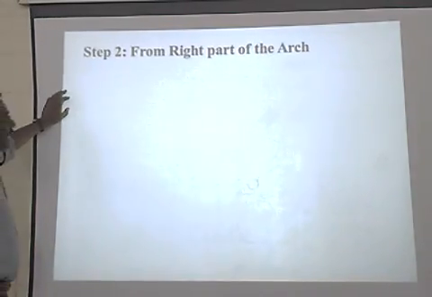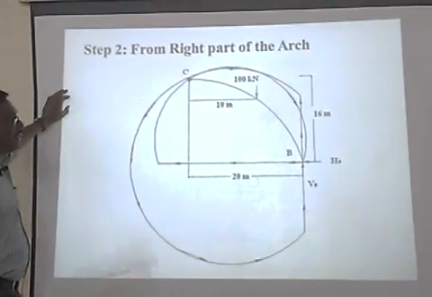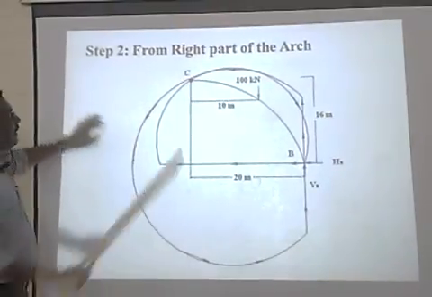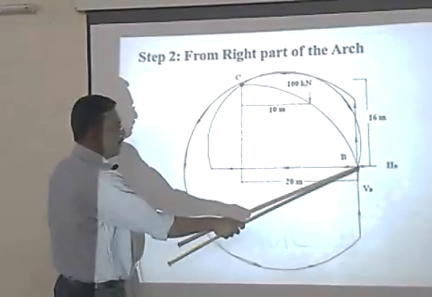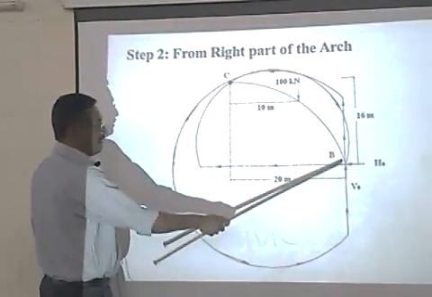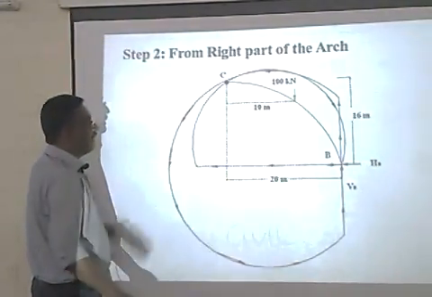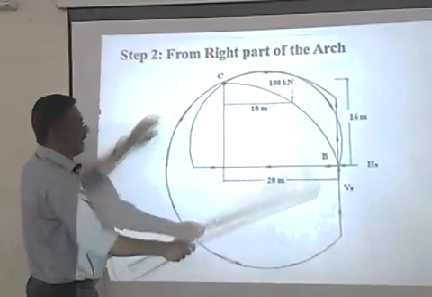Now let us consider the right part of the arch to calculate the reactions. From the crown, let us take the right part: this is the crown, this is the right support, with the vertical reaction and the horizontal reaction at this support. Three forces act on the right part.